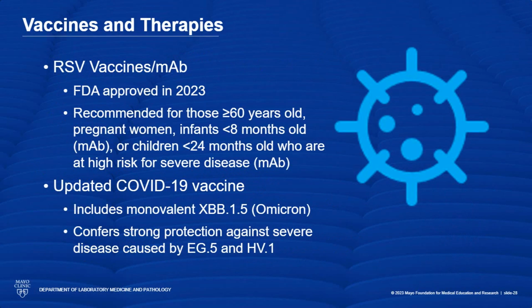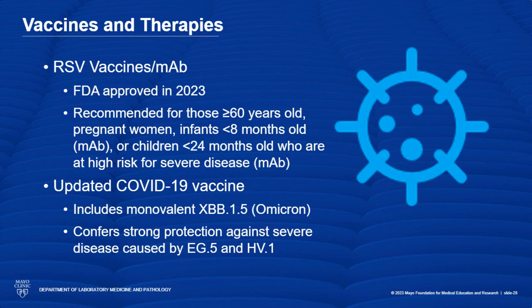Vaccines and therapies. This has been a banner year for RSV prevention and treatment. We now have multiple FDA-approved vaccines and monoclonal antibody therapies for RSV, and these are now recommended for individuals older than 60 years old, pregnant women, infants less than 8 months old, and children less than 24 months old who are at high risk of severe RSV disease.